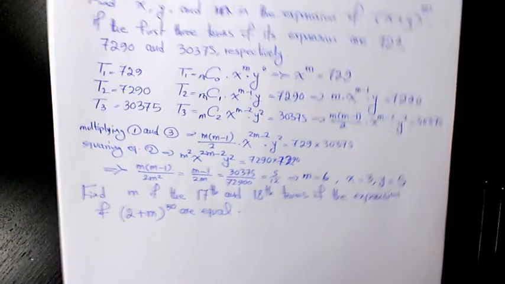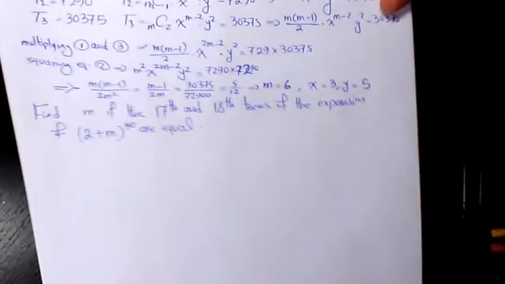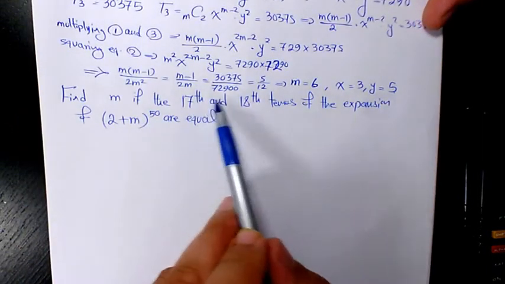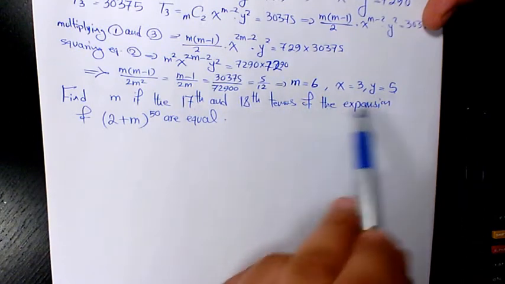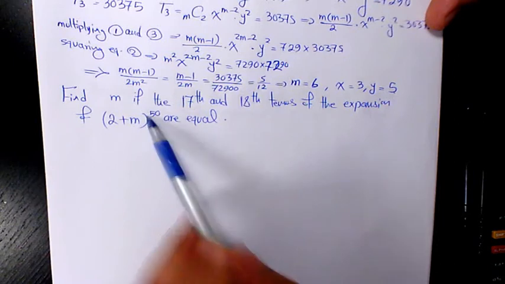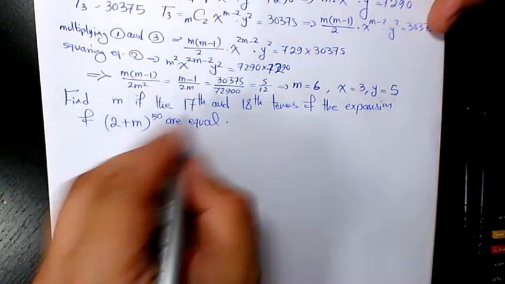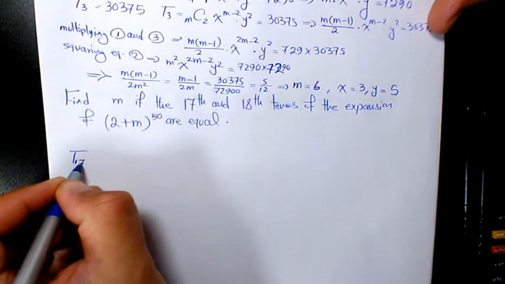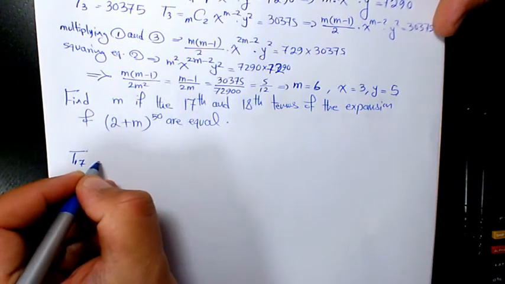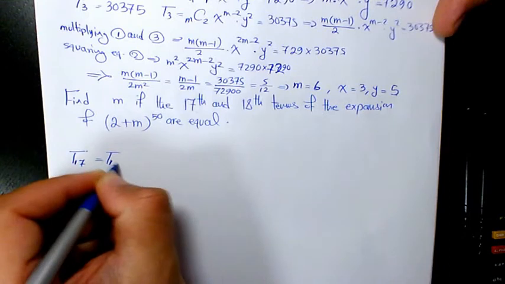Now let's look at the next example. It says find m if the 17th and 18th terms of the expansion of (2 plus m) to the power of 50 are equal. So T17 and T18 are equal.